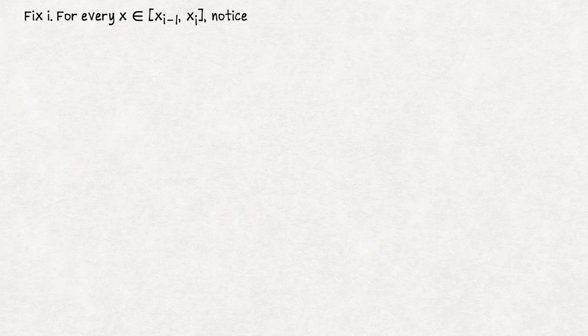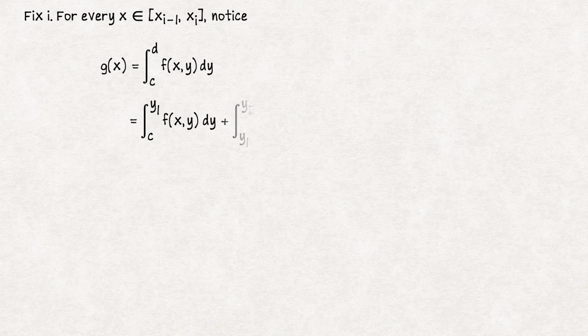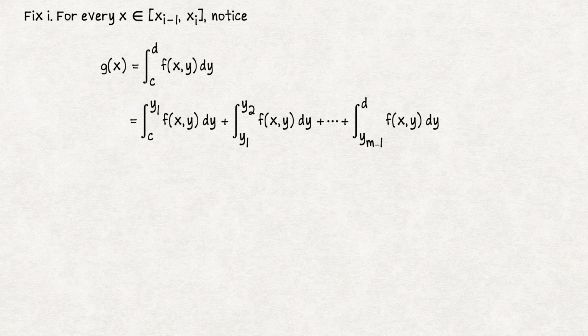For every x in the ith subinterval, we're going to write g of x in a clever way. So first, by definition, g of x is the integral from c to d of f of that fixed x value comma y dy. But now let's break that integral up into m little subintegrals. So I've used the partition of the y-coordinate to rewrite the integral from c to d as a sum of the integrals taking us basically across all the slice points from the partition.